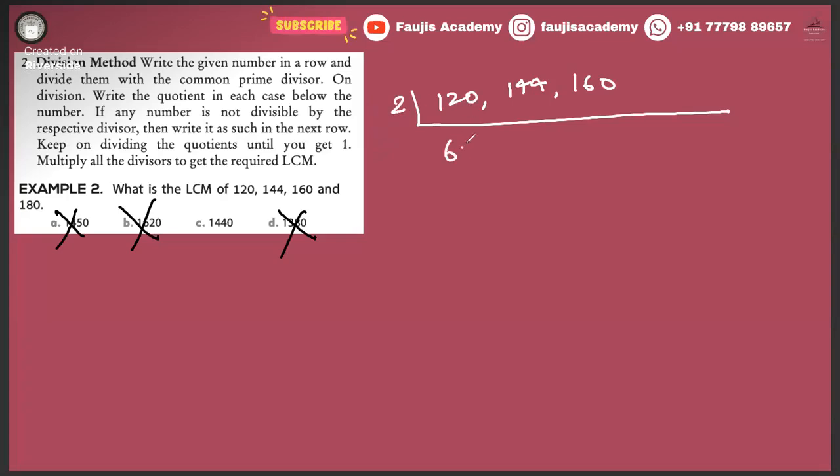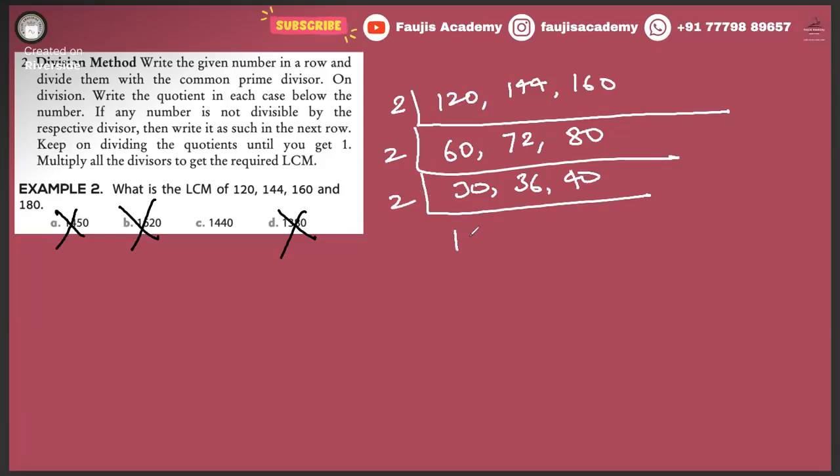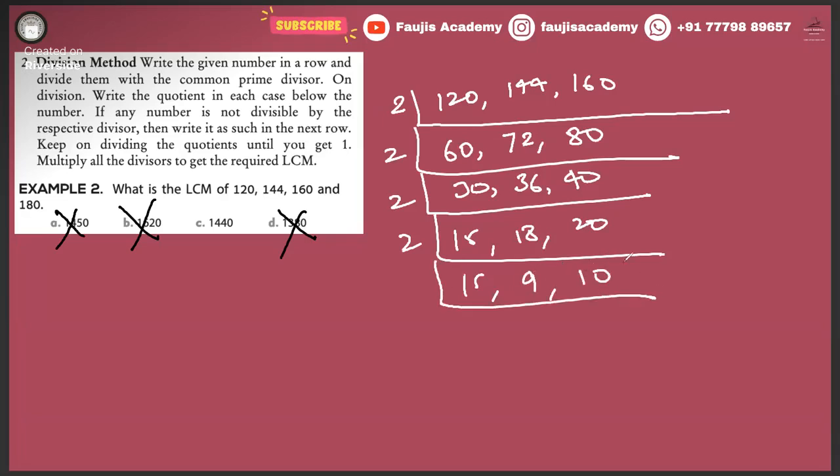2 times 60, 72, 80. 2 times 30, 36, 40. 2 times 15, 18, 20. 2 times 15, 9, 10. First, get exhausted with all the 2's, then get started with 3. 5, 3, 10.